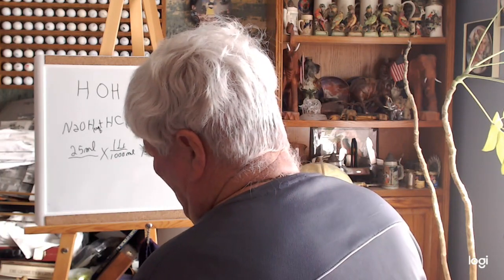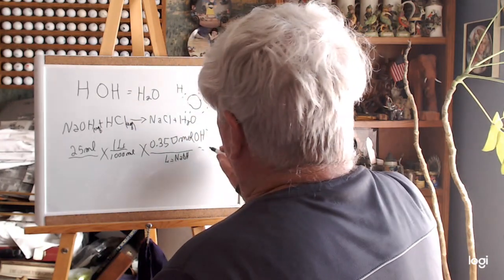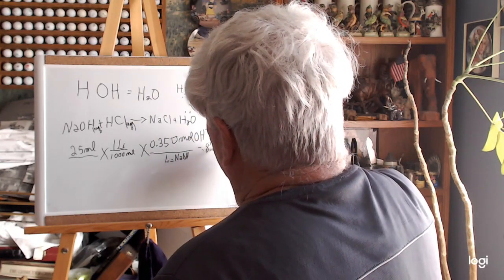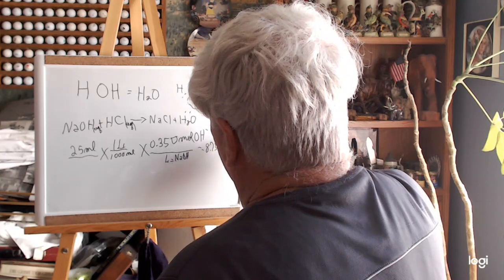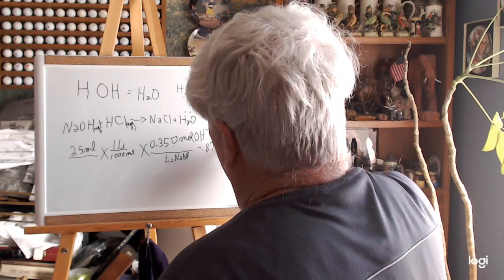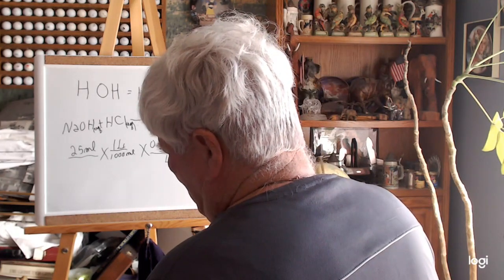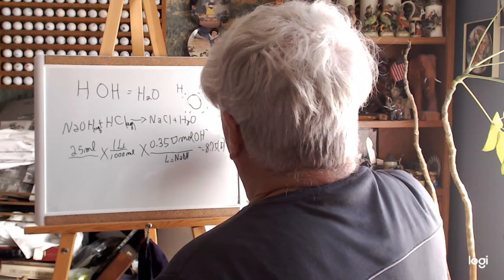That gives you the moles of NaOH, which comes out to 8.75 times 10 to the minus 3 moles.